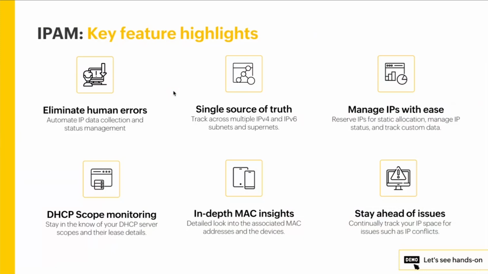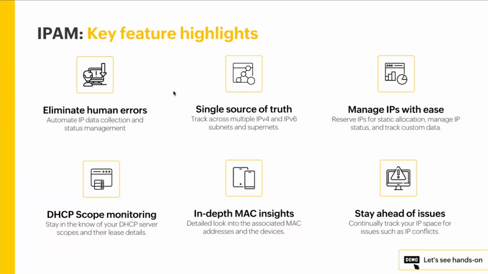As network administrators, you always have to make sure that your IP database is updated in real time. The OpUtils IPAM module can help you automate your IP data collection and make the status change in real time. Another use of automating your IP data collection is that you get a single source of truth. You can use the OpUtils inventory to track multiple IPv4 and IPv6 subnets and supernets across your network.